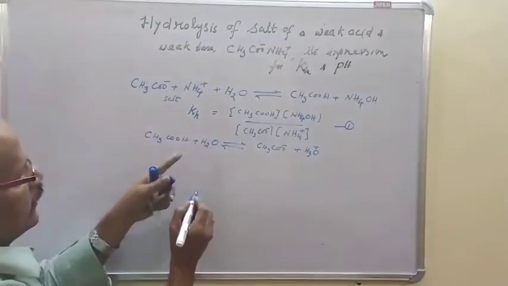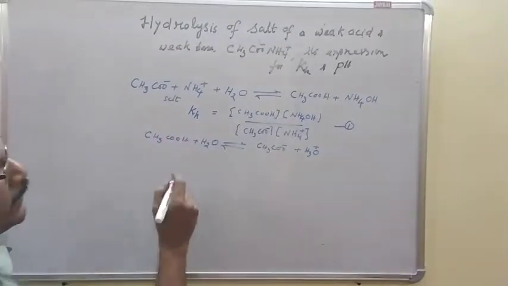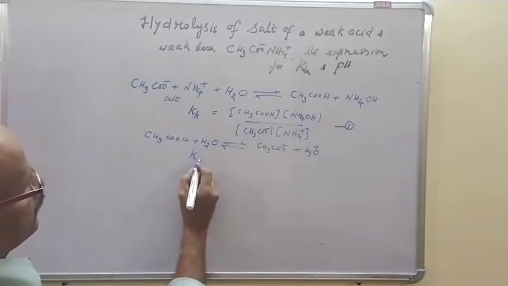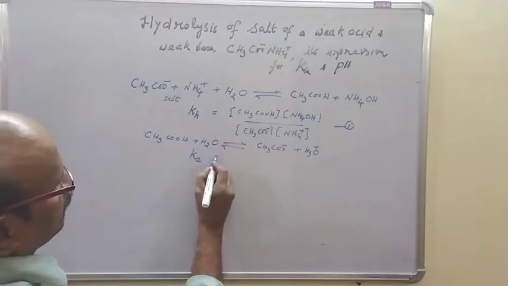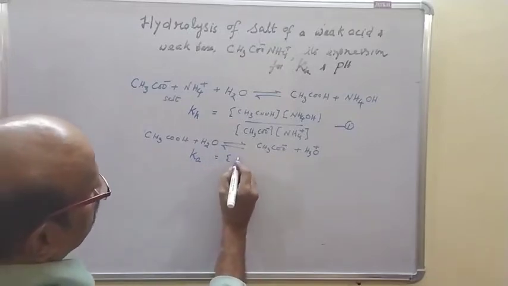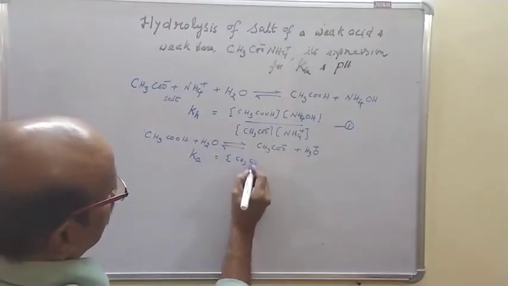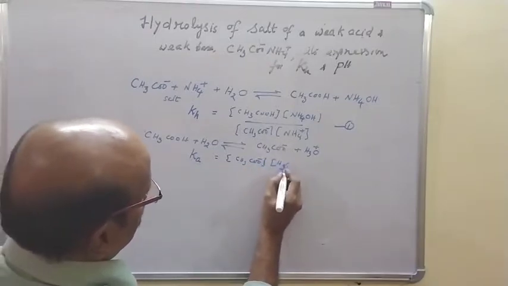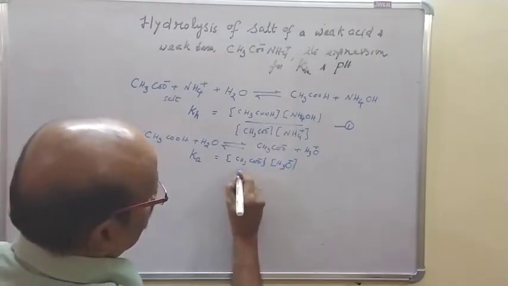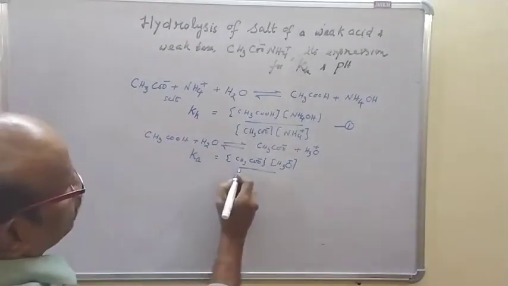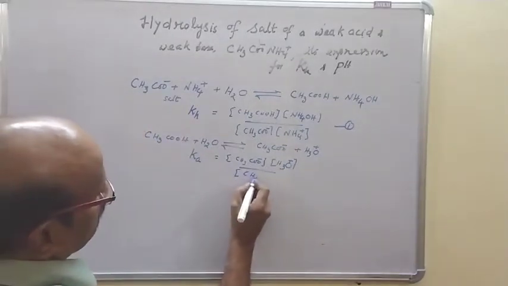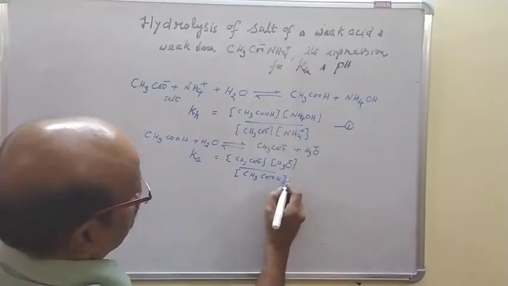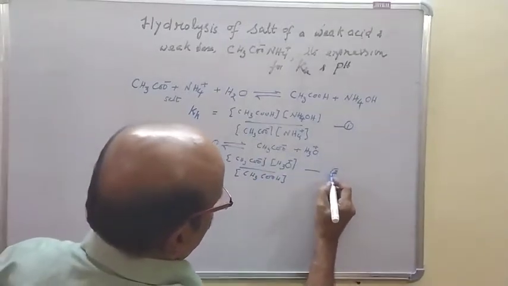The equilibrium constant is the dissociation constant, Ka, which is equal to the concentration of acetate ion at equilibrium, into the concentration of H3O plus ion at equilibrium, divided by the concentration of undissociated acetic acid. This is equation number 2.